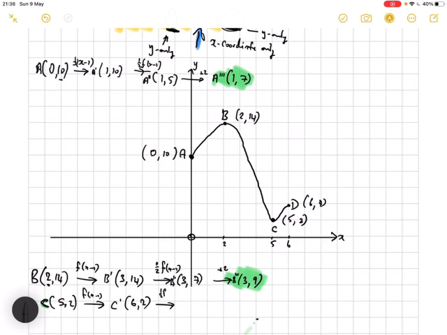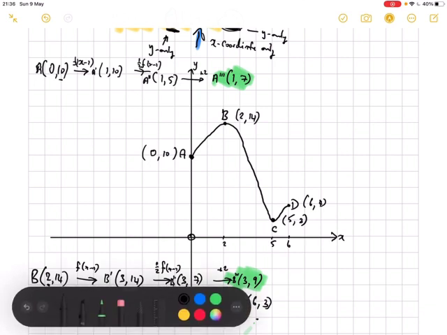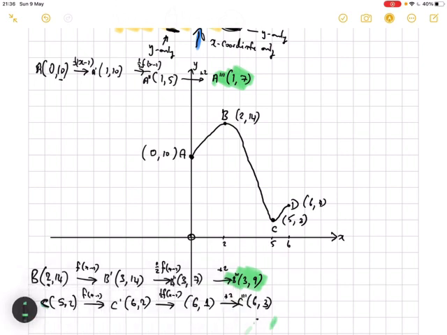Then the half f(x minus 1), so the x stays the same, and half of 2 is 1. And then finally we add 2, so the x stays the same as 6, and 1 plus 2 is 3, so C triple dash becomes, we highlight it again with the green highlighter pen, 6, 3.